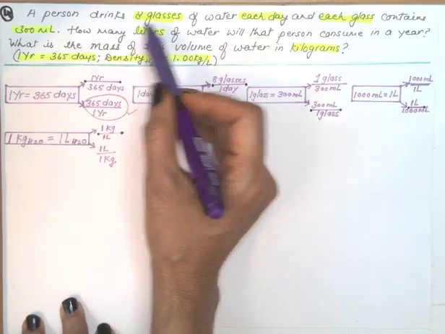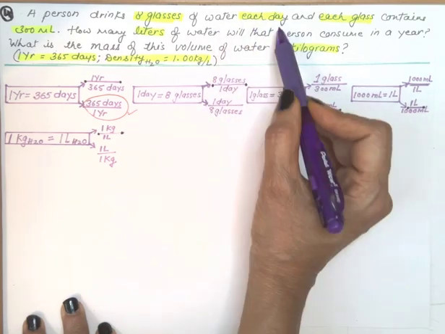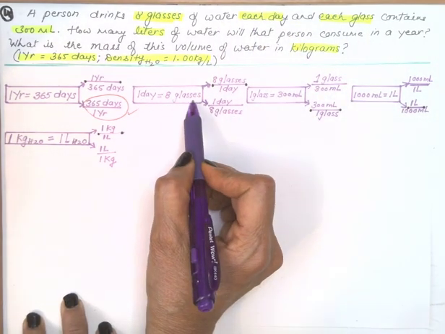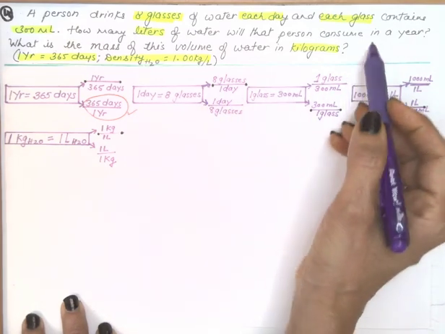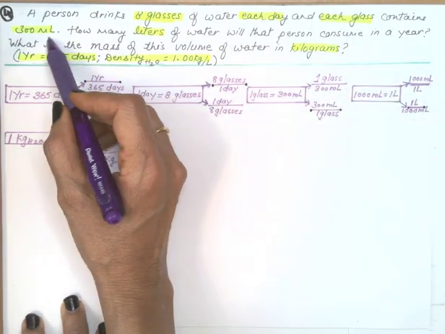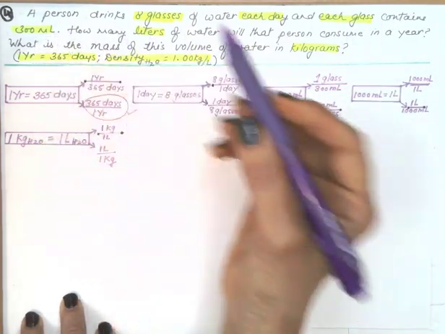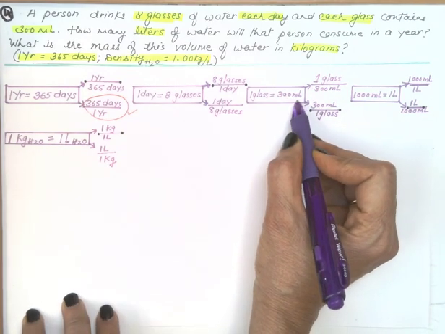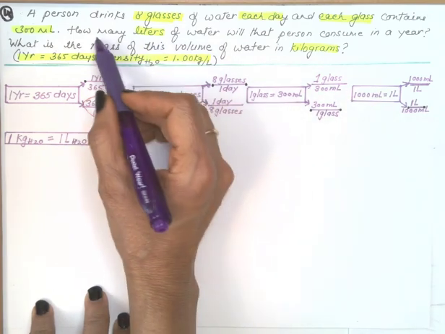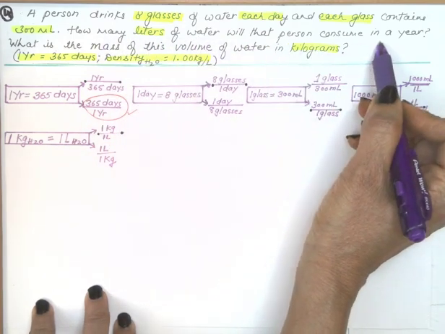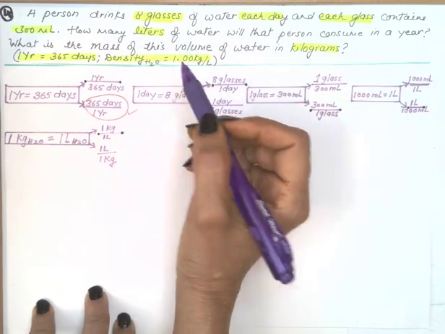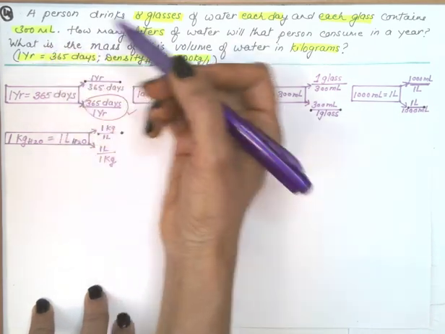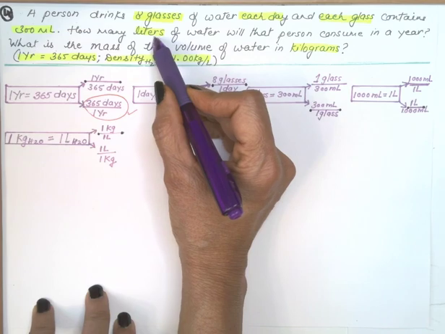A person drinks 8 glasses of water each day. So in one day a person drinks 8 glasses of water. This is one equivalent. And each glass contains 300 milliliters of water. So one glass has 300 milliliters of water. This is our another equivalent. How many liters of water will that person consume in a year? So did you notice? The given unit is milliliter. However, they're asking us to find the volume in liters.